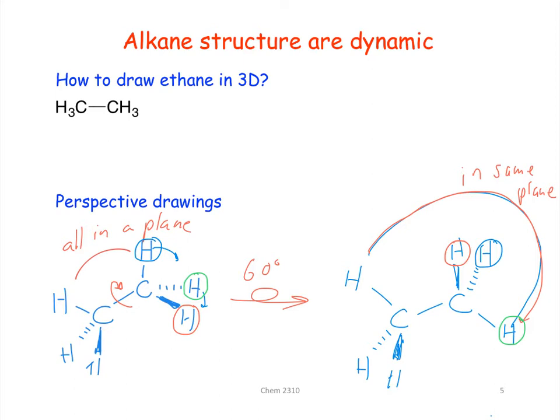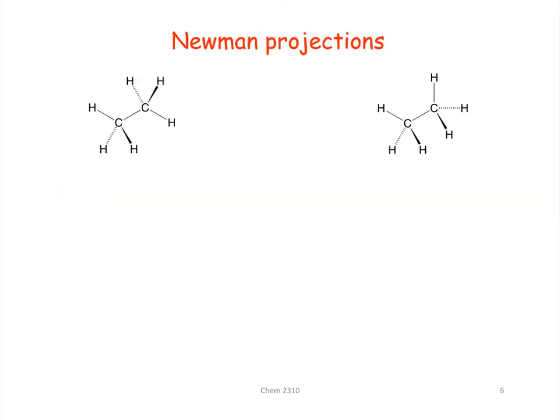Okay? So let's look at drawing these kinds of structures. Here are the same structures, I guess I have them reversed, it looks like. The same two that I had a moment ago. And we're going to do a certain kind of drawing called Newman projections, and these are good at showing the angles between all the bonds.